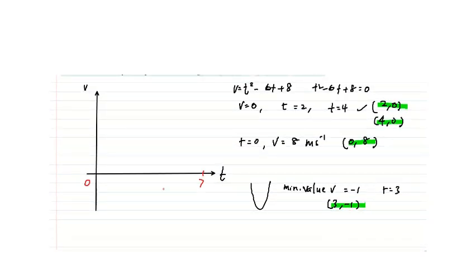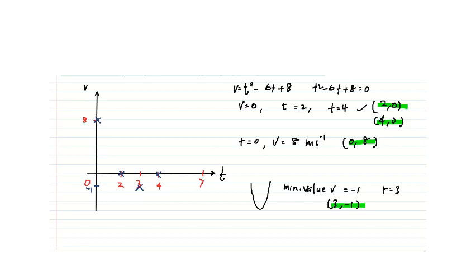Here 2 and 4, and 3. At t equal to 0, v equal to 8. We plot the coordinates 0, 8, 2, 0, 4, 0, 3, negative 1. For example, here is negative 1. So the plotting will be here, 3, negative 1.